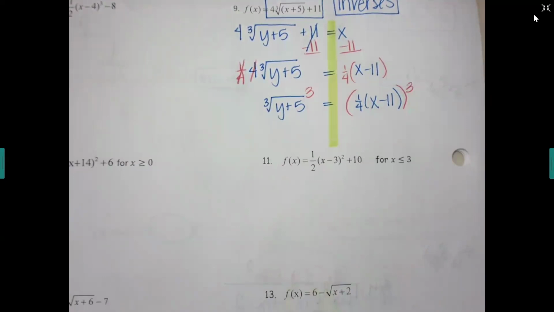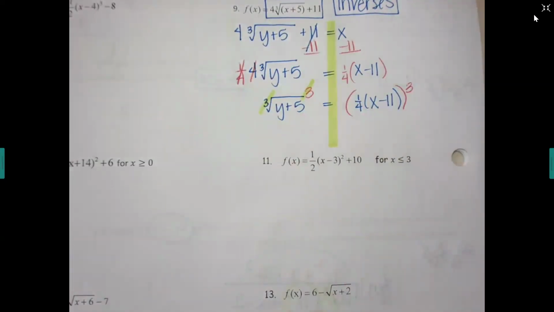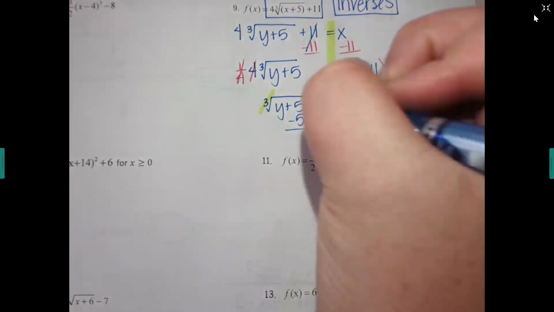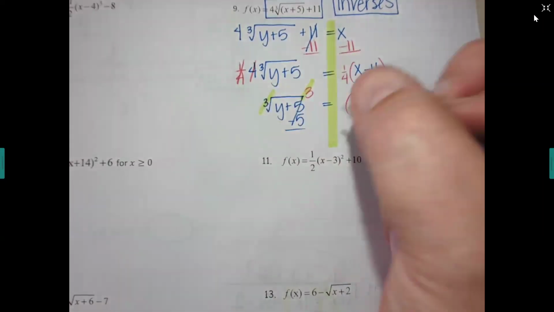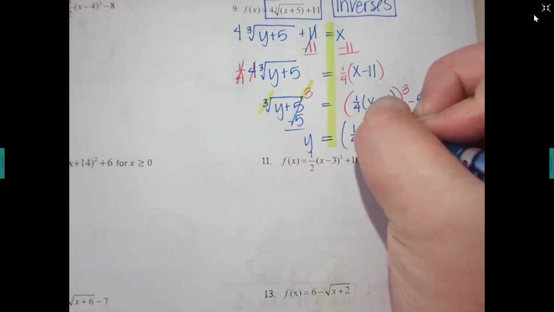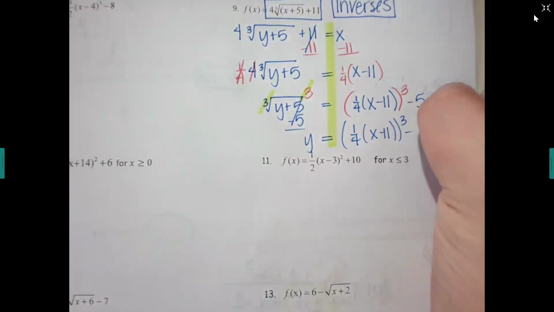Remember, if it was a square root, I would square. Cubic root, I cube. So these guys are going to cross out. All I'm left with is a y plus 5, and then how do I undo a plus 5? Very good. So you'll minus 5. So it's y equals 1/4 x minus 11 cubed minus 5.